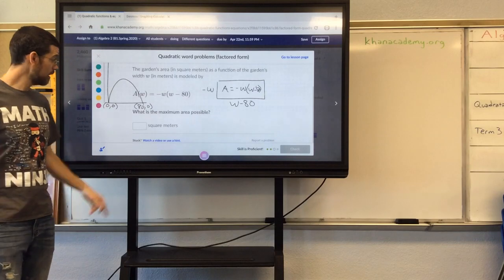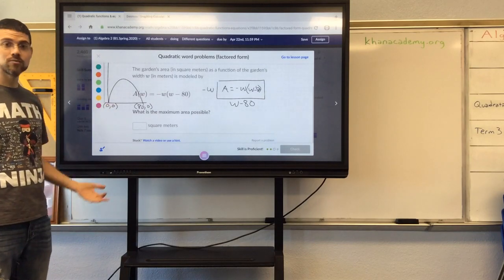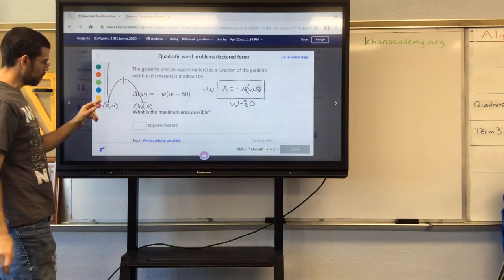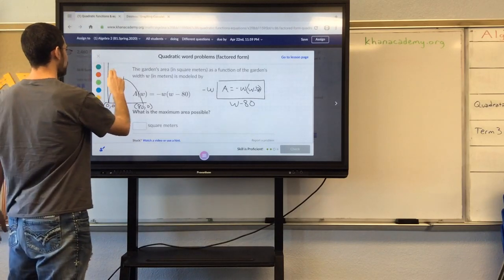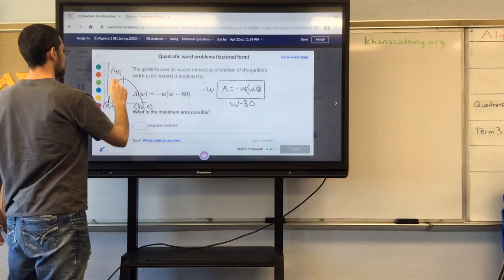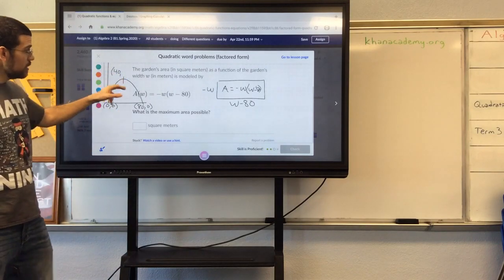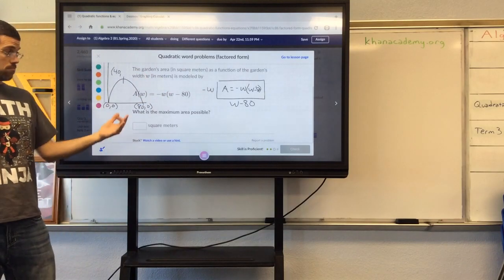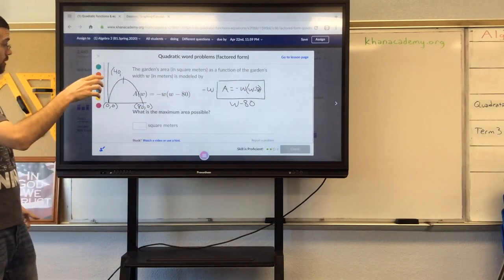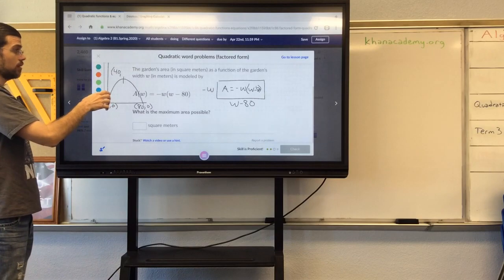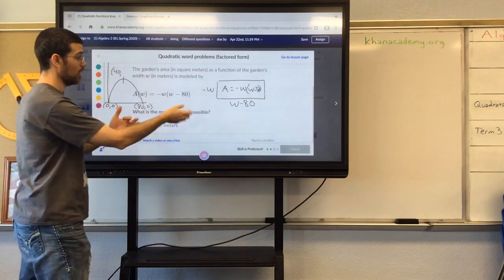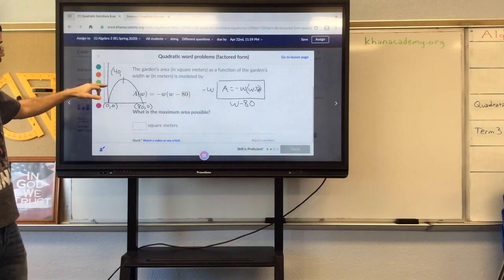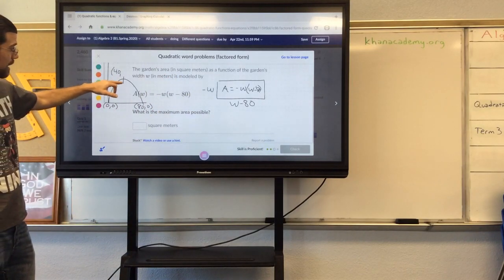They ask us, what is the maximum area? Well, the maximum area is going to be halfway between those because parabolas are symmetric. So halfway from 0 to 80 is 40. But 40 is what the width of this rectangle would need to be. Okay, if 40 is the width of the rectangle, then what would the maximum area be?